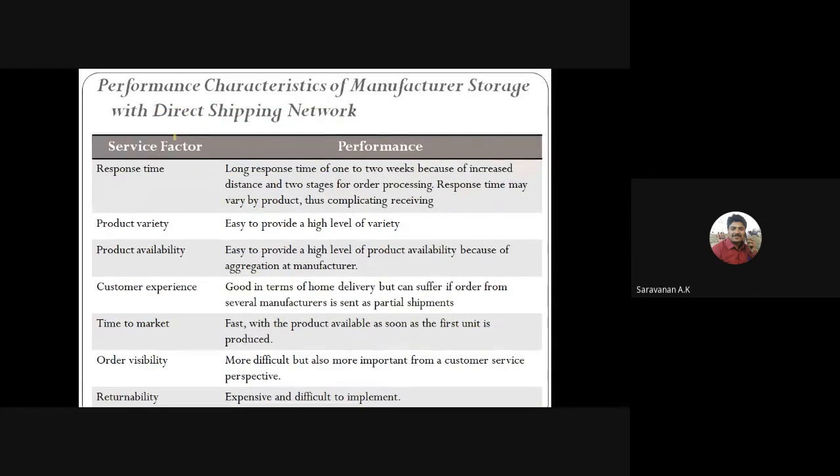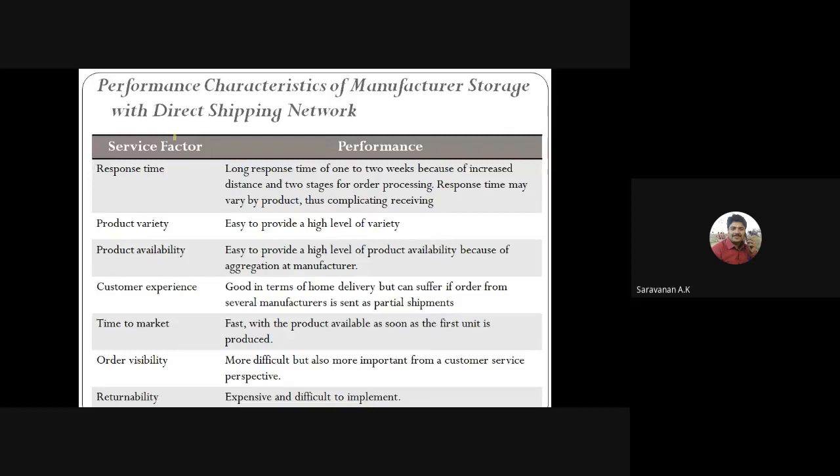So in terms of the response time, there is a long response time of 1 to 2 weeks, mainly due to the increased distance and the two stages for the order processing. The response time may vary by the product, complicating the receiving.